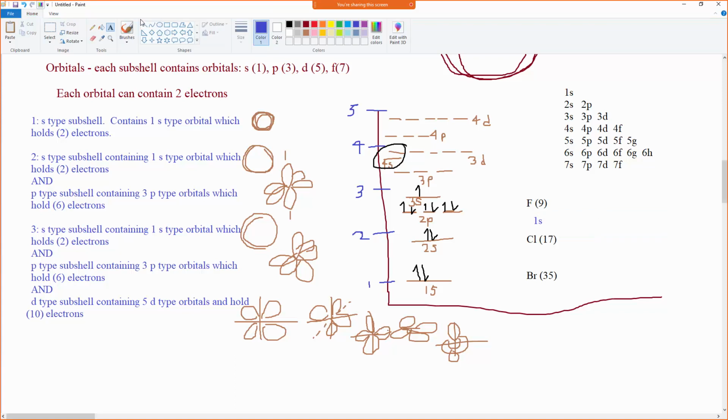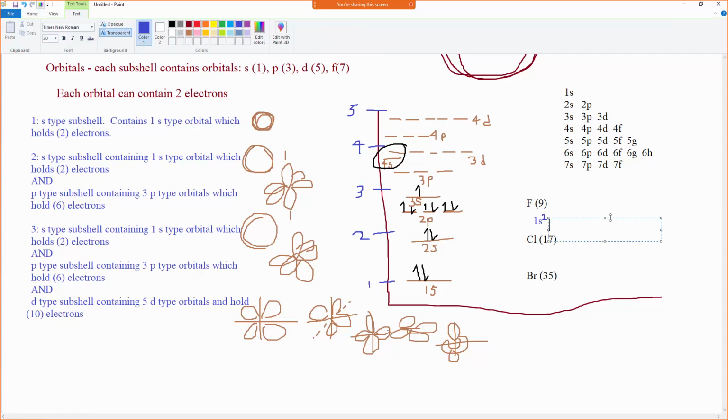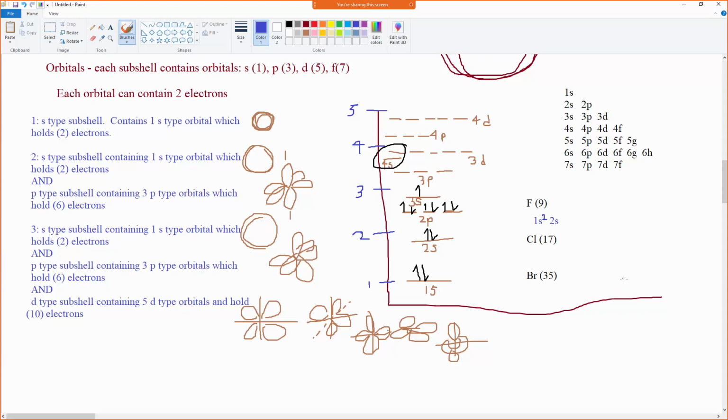And so typically we do this 1s with a superscript of 2 to tell us that that 1s orbital contains 2 electrons, okay? And then after that is full, because it only can hold 2, our level 2 S-type orbital will also pick up 2 electrons.